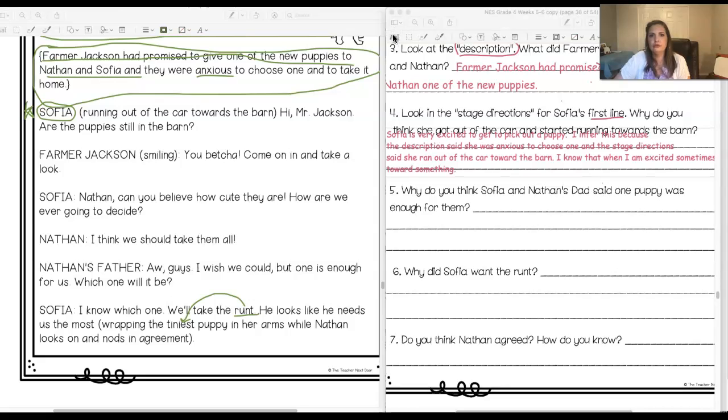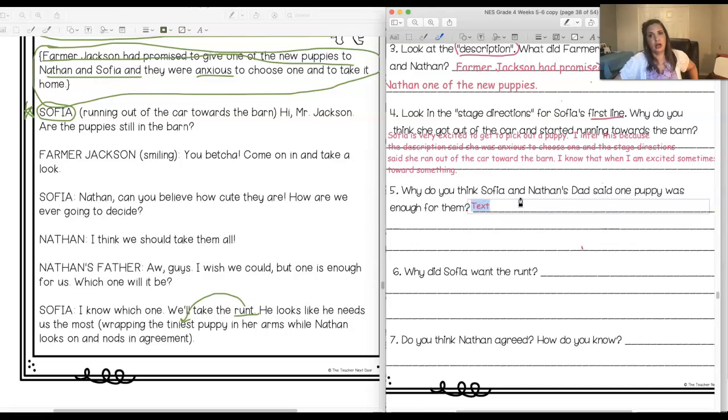So I'm really going to use a lot of my schema for this one. I know that Sophia and Nathan's dad said one puppy was enough for them. Thinking if it was your parent, why might they say one puppy is enough? Well, puppies cost money. I know that puppies cost money to take care of. I know that there is a lot of responsibility. I know maybe they didn't have enough space.